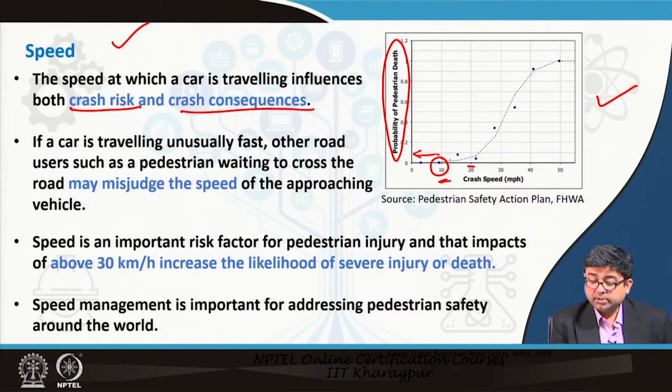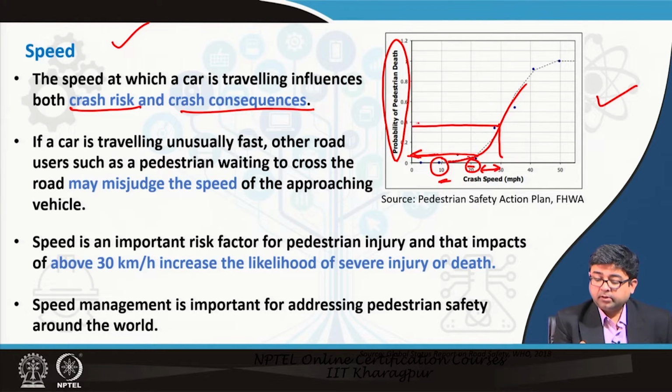But what happens is that it exponentially increases beyond 20 miles per hour. So, if you are hit by a vehicle at 20 miles per hour, your risk of death is still very low. However, with just a 10 miles per hour increase, your probability of dying goes up almost by 40%, right. So, there is a 4 times increase in your probability of death as a pedestrian if you are hit by a vehicle moving at 30 miles per hour as compared to 20 miles per hour.